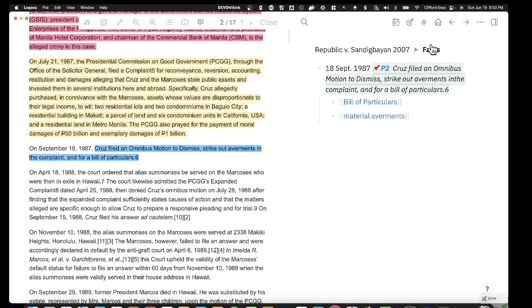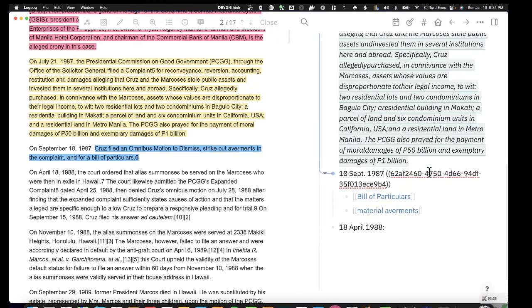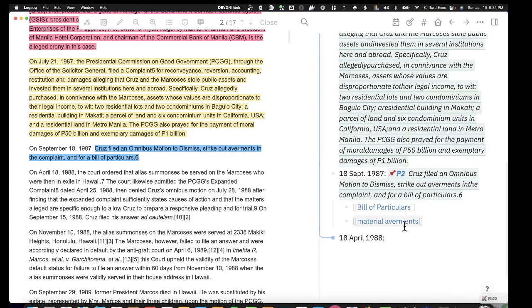Okay, balik tayo doon sa facts and yung mga dates, no? Ito. Let's go back to, meron siyang April 18, 1998.